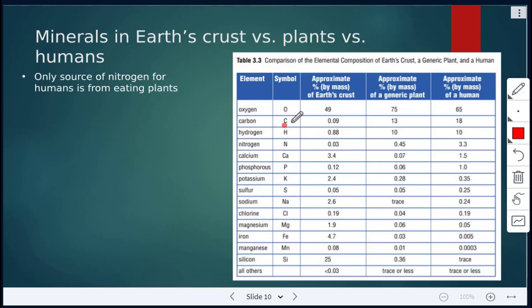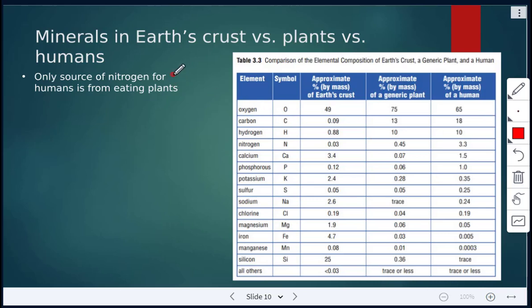Carbon, which has the symbol C, this is how much of it is found in the Earth's crust, and this is how much is found in a plant. So that's a plant extracting it from the earth or the soil, and then this is how much there is in the human body. All right, so notice how much the plants are able to extract from what there is in the soil, and therefore provide it for us for human needs.